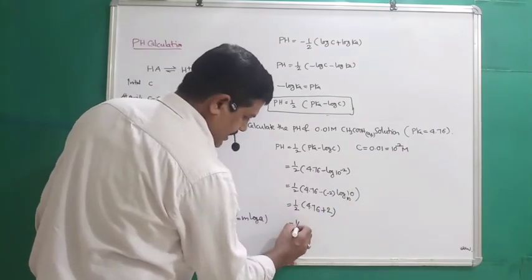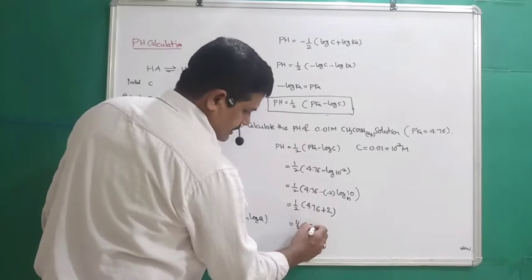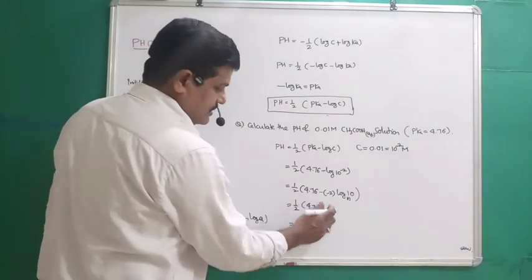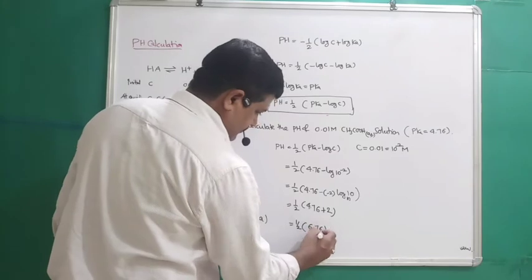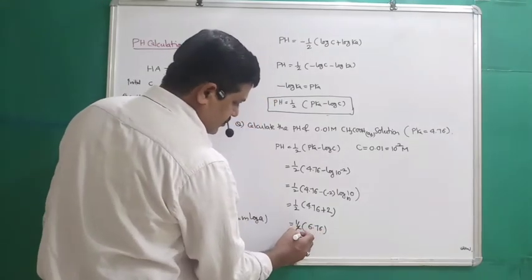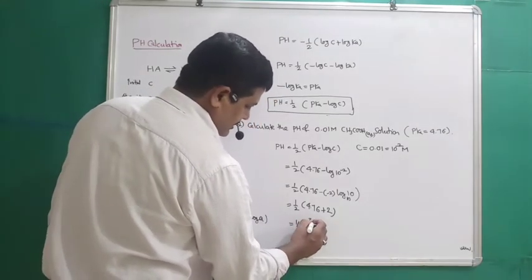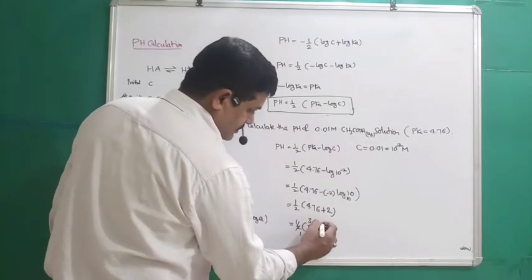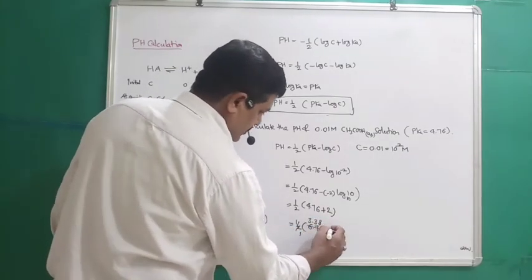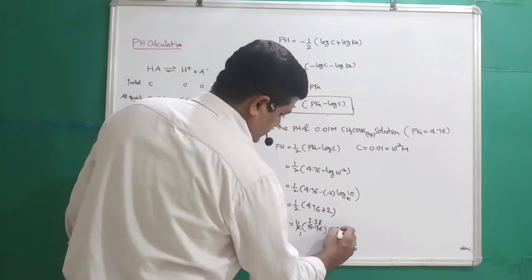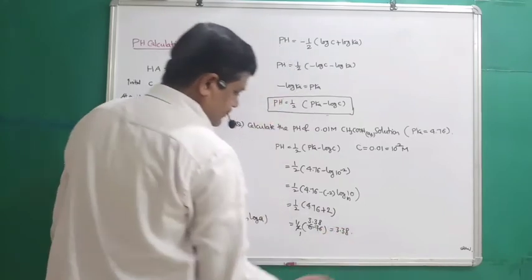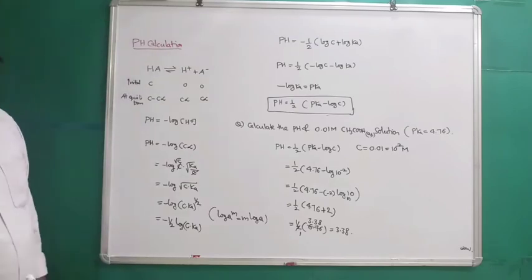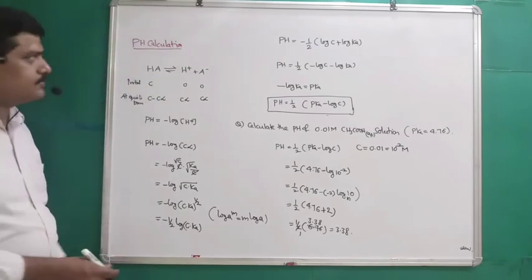So 1 by 2 into 4.76 plus 2 is 6.76. Simplified, 2 3s are 6, 2 8s are 16. So the pH value is 3.38. Students, let us solve one more question.